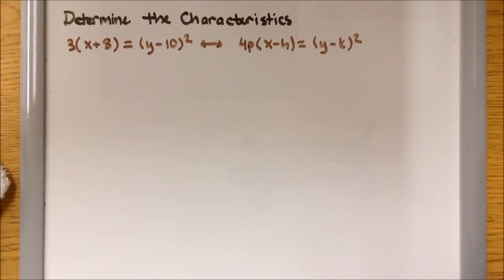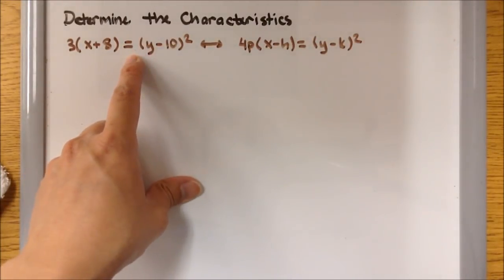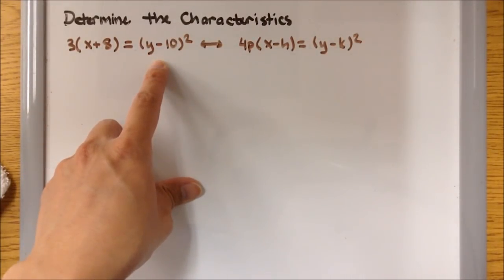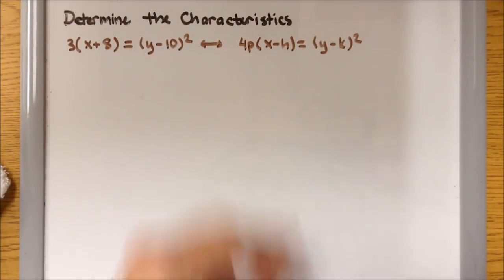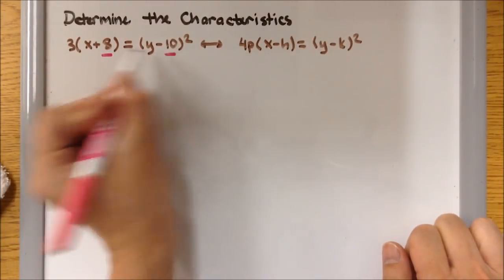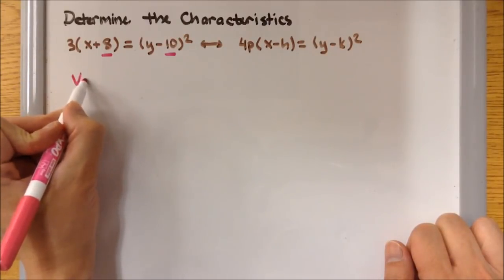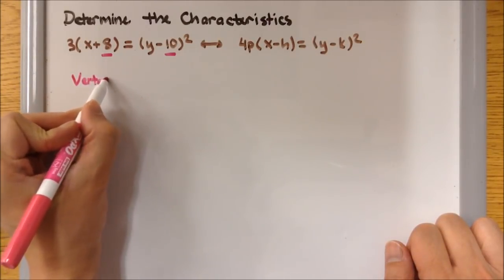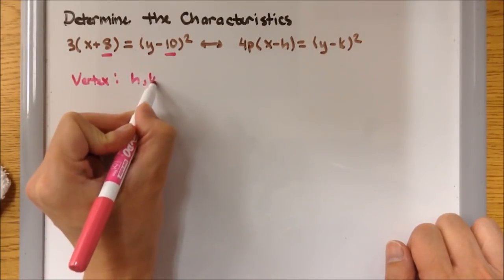In our second example, we have 3 times x plus 8 equal to the square of y minus 10. So I wrote the standard equation of the parabola. Alright, so the first thing is going to be the vertex, which is h comma k.